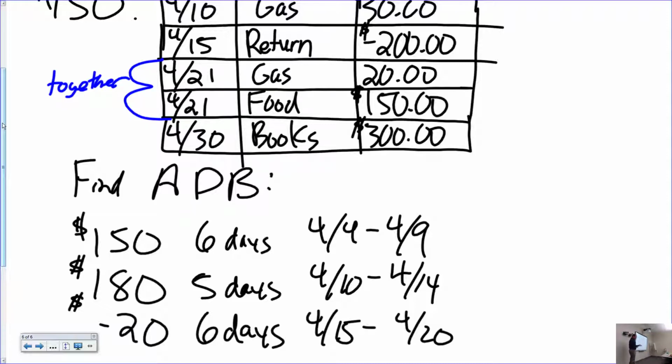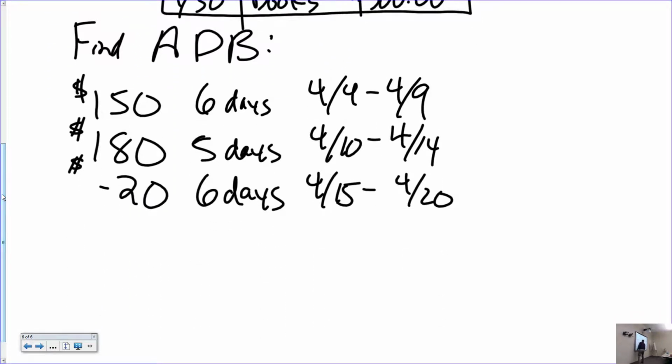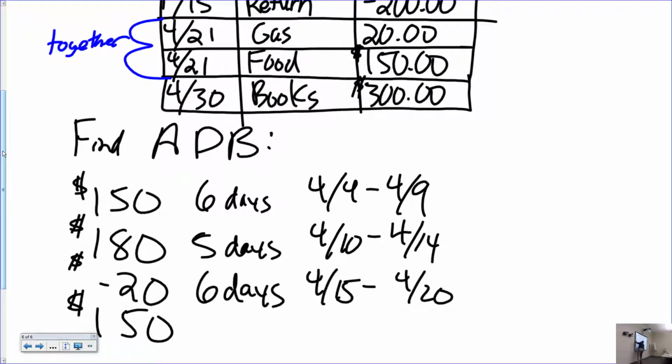So technically, you need to add 20 and 150 for the 21st, so this literally turns into 150 because we have to put both of those days together. When 2 things happen on the same date, make them happen together, okay? There are times where I will actually say that I had $0 here if I add 20. But then the number of days that $0 would happen would be 0 days, because what's 21 minus 21? 0. So again, that number is temporary only.